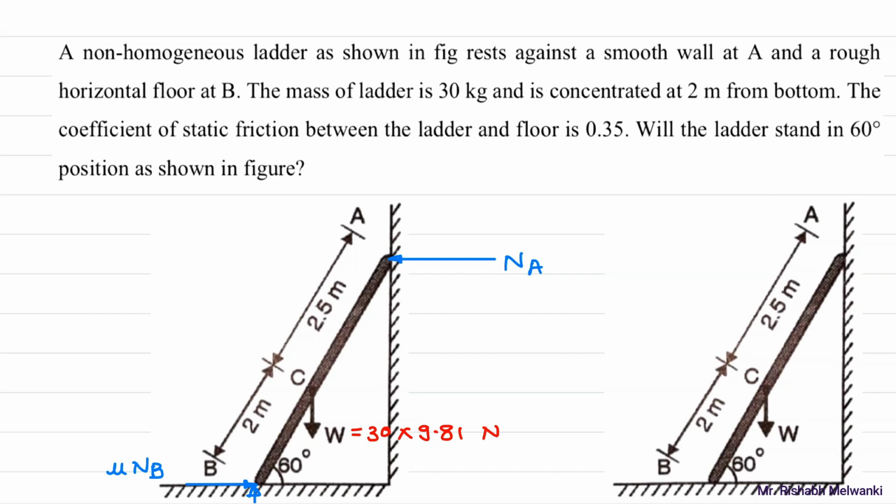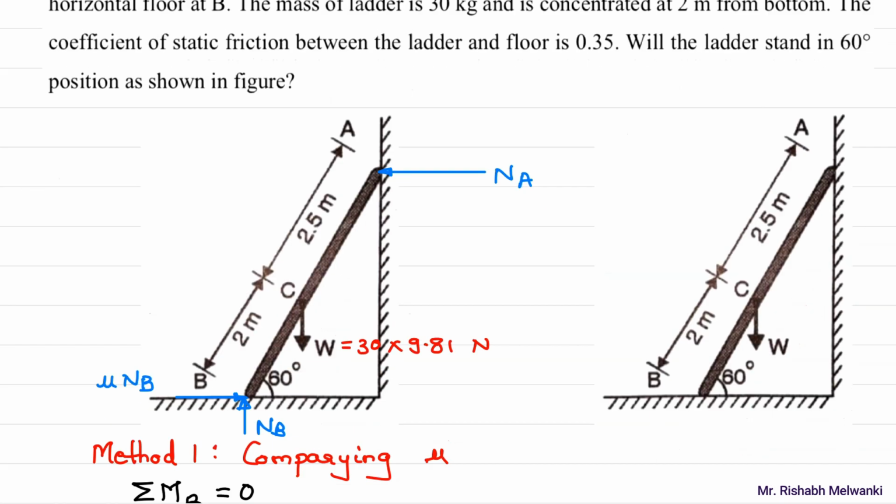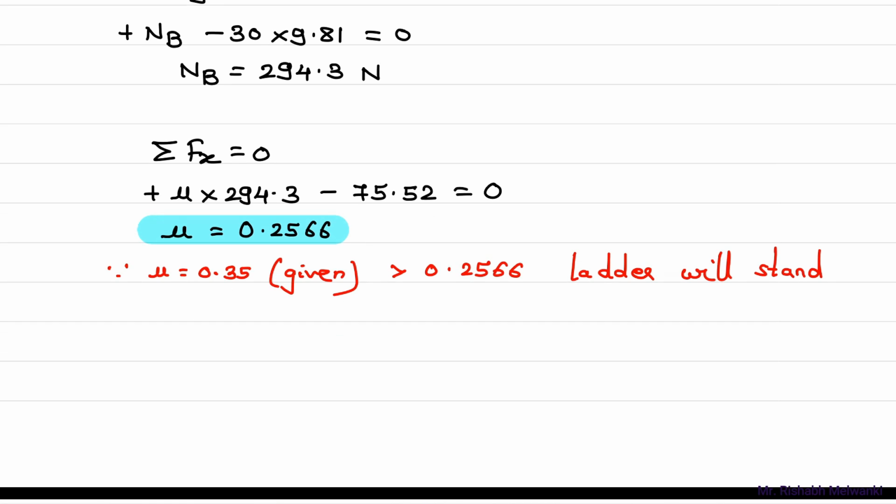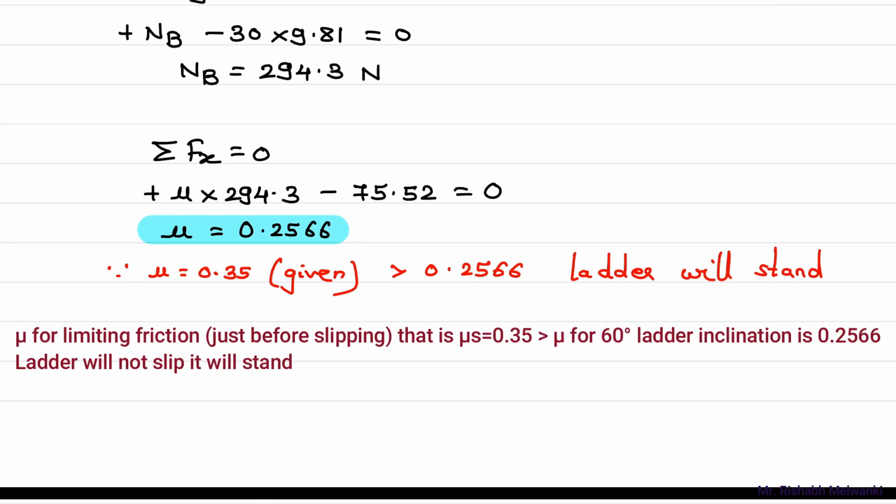The coefficient of static friction between the ladder and the floor is given. Will the ladder stand in 60-degree position? This is asked. The coefficient of friction given is 0.35. The coefficient of friction required so that the ladder will stand is 0.2566, and the given value is greater than that. That is why the ladder is going to stand.